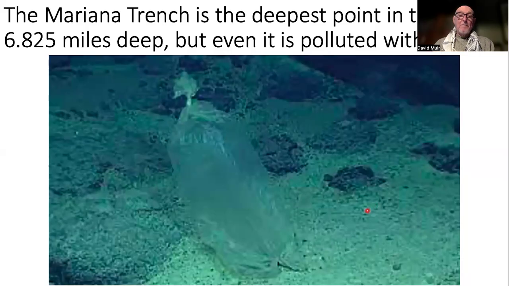It's probably an underestimate. Just an example to show you how serious it is: this is a picture taken on the ocean floor of the Mariana Trench, 3.8 miles deep, and look what they find. They find plastic bags bouncing around on the ocean floor. I'm surprised that they didn't find balloons, because balloons are also a major problem in oceanic systems.